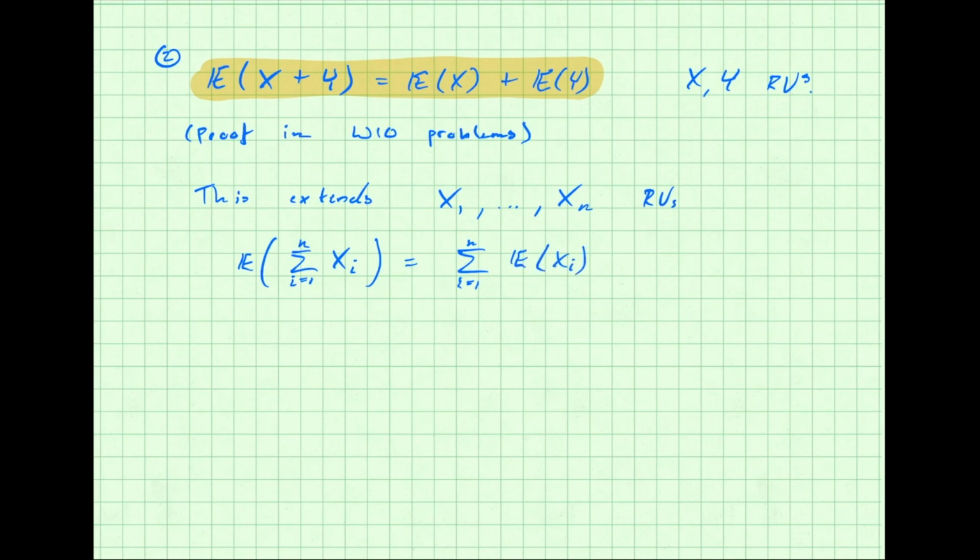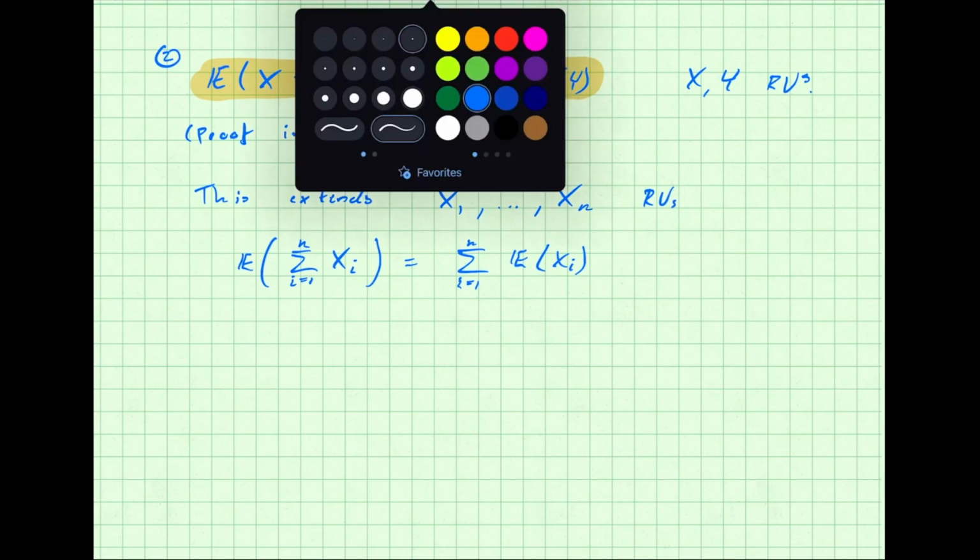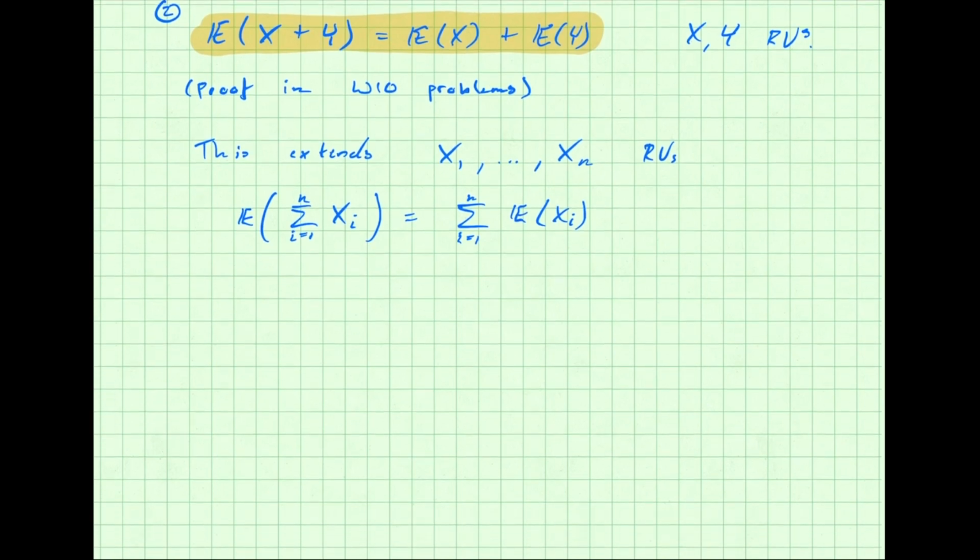So you see, this is why I made those warnings or cautions before, because it does turn out sometimes the expected value operator, if you will, just gets distributed in this most natural way. Okay, so again, we'll do the proof of this one at another time.